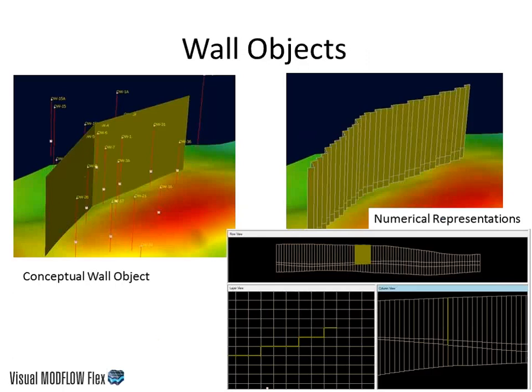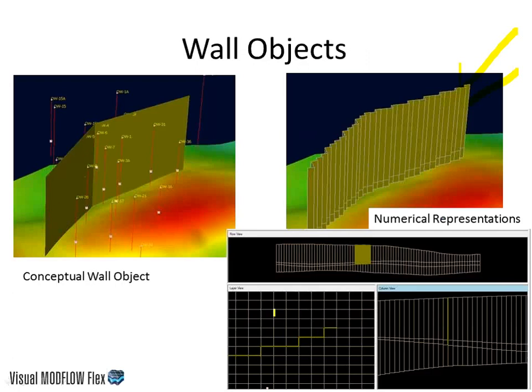Here are some examples of what the wall objects look like in MODFLEX. The conceptual representation is on the left side, where essentially you have a set of vertical planes that define the object in 3D space with a set of lines, encapsulated on the top and bottom by a horizon. After you realize that on a MODFLOW-based structured grid, you'll see the 3D representation in the top right here, where you have the corresponding cell representation.